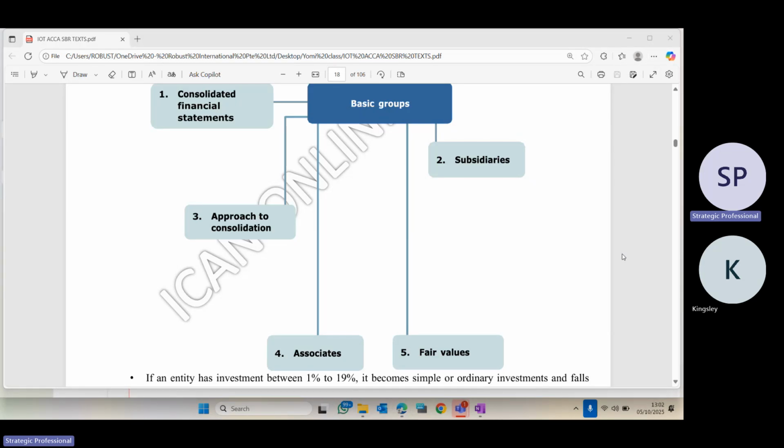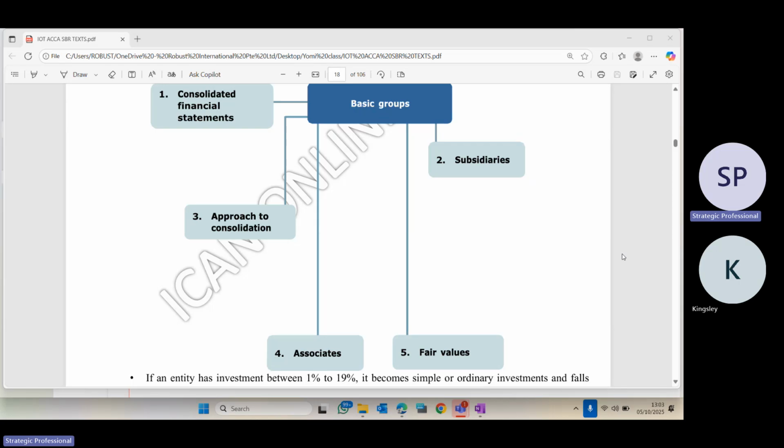We are to look at the basic group structures that exist within an organization, and we also need to look at some standards that guide the preparation of the financial statements of a group entity. These are what we shall be examining during the course of our lecture. So my dear all, let's get started.